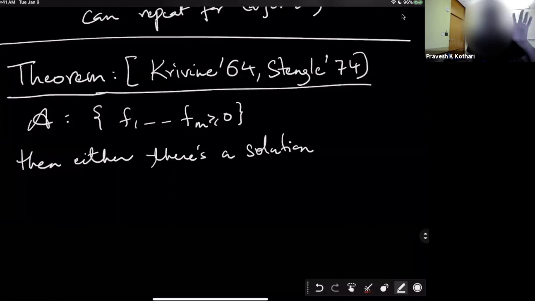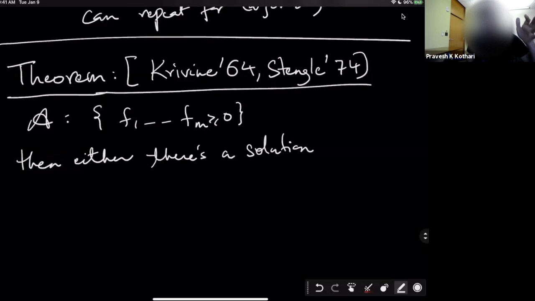We talked about two problems. The second problem was checking feasibility of a system of polynomial equations. The first problem was checking non-negativity over a system. This version is formulated for the second problem, which we saw was more general. And it's actually kind of important. I can't quite formulate it for the first problem. I can only formulate it for the second problem.